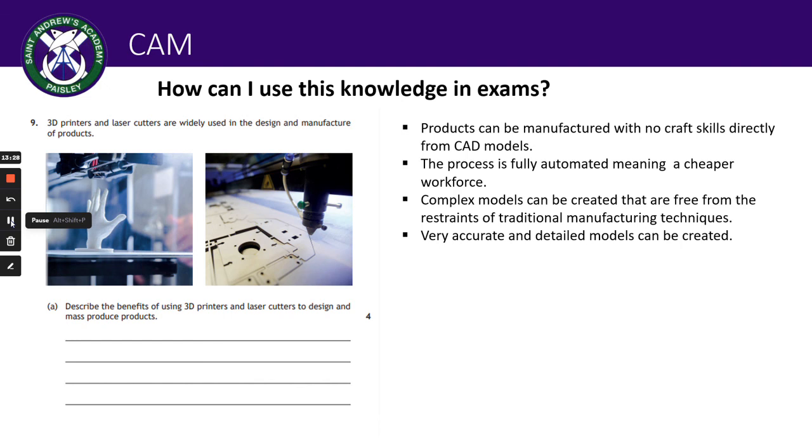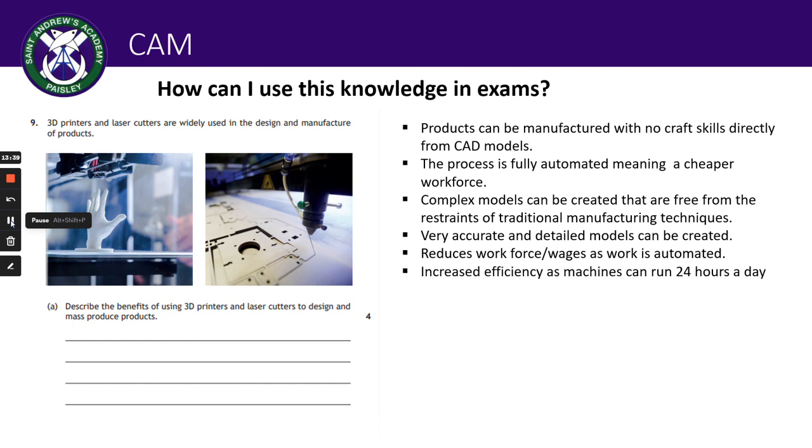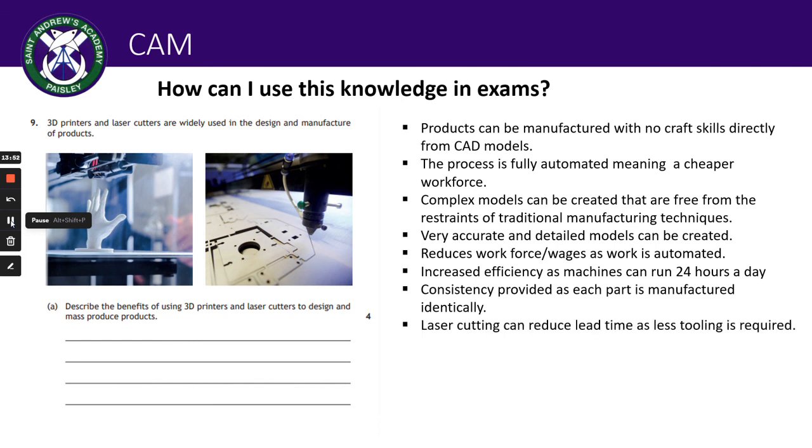Very accurate and detailed models can be created. It reduces the workforce wages, another way of saying cost savings as the work is automated. Increased efficiency as machines can run 24 hours a day. There is consistency provided as each part is manufactured identically.